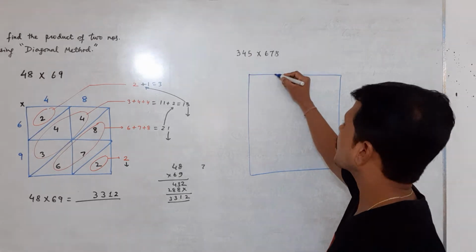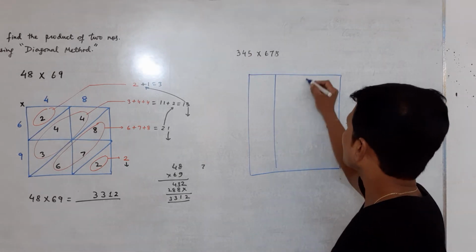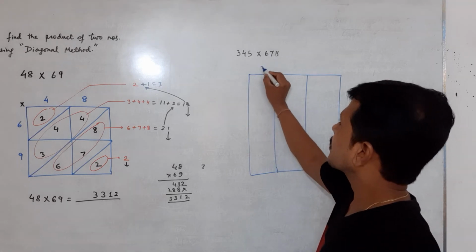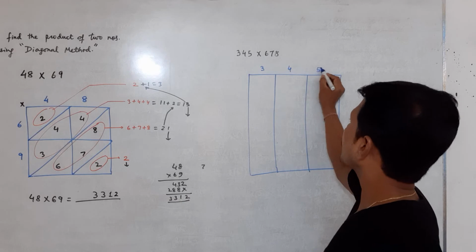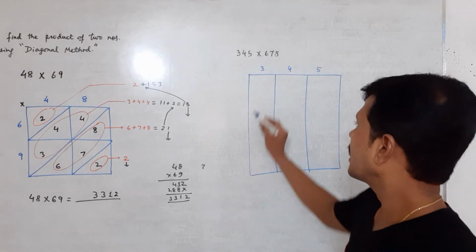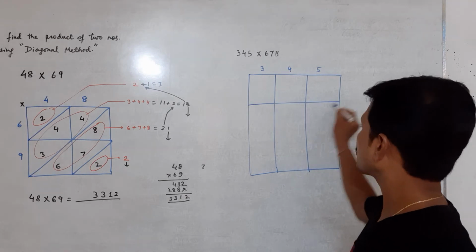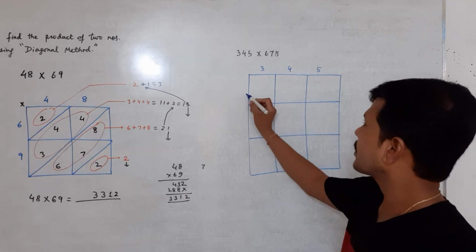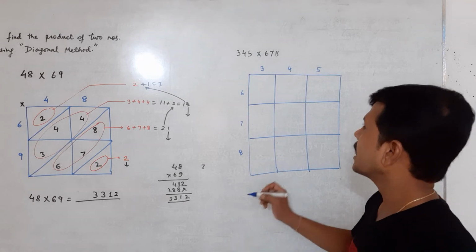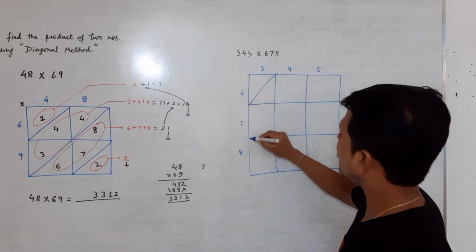We have to make 3 columns. I made 3 columns. I am writing over here 3, 4 and 5. Now 678 is a 3-digit number. I am making 3 rows over here. So I am writing over here 678. Got it clear? Next, you complete the diagonal.